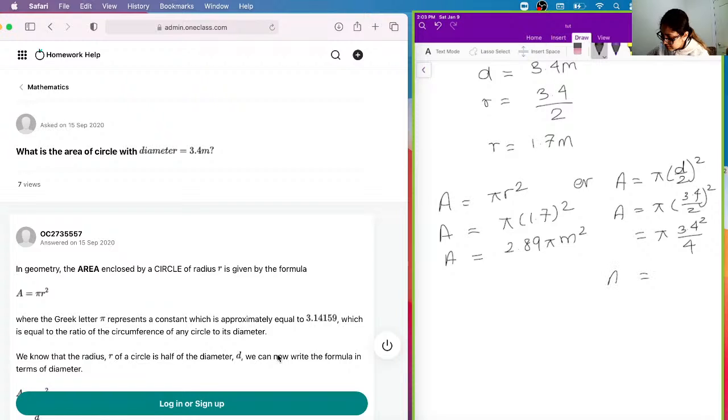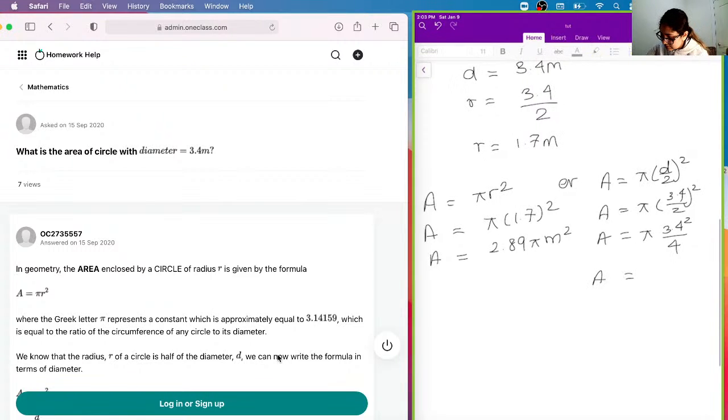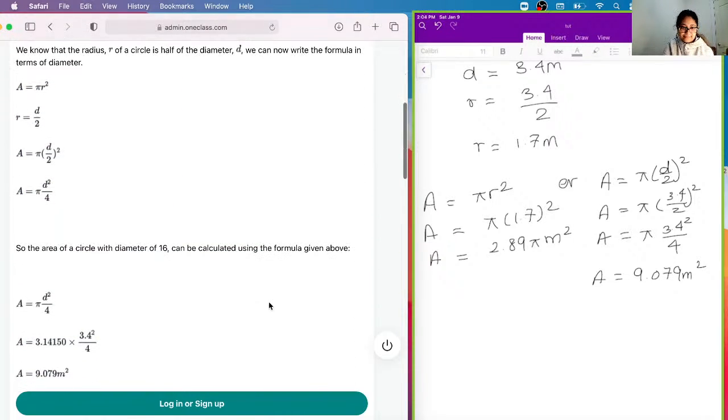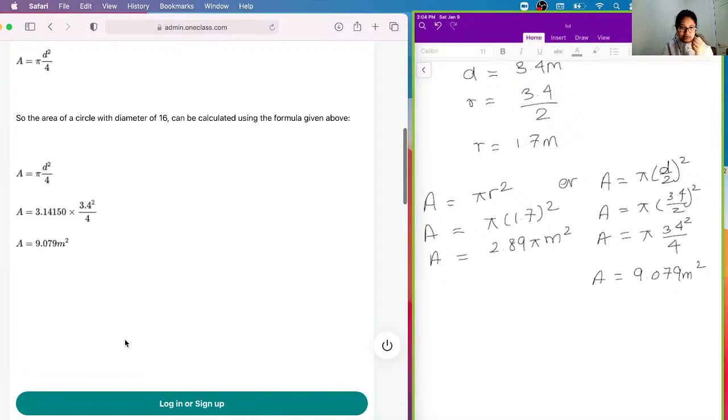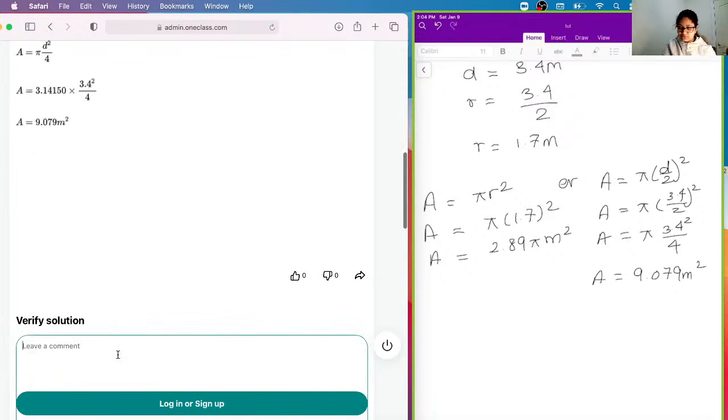If you further evaluate this, the area would be almost 9.079. You compute this, okay? And so this is your answer. You can put this in terms of radius or diameter. Either one would work.